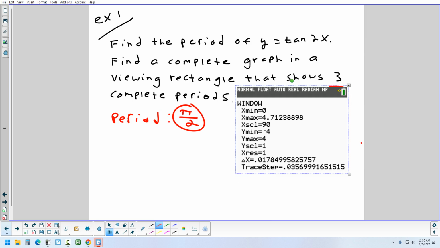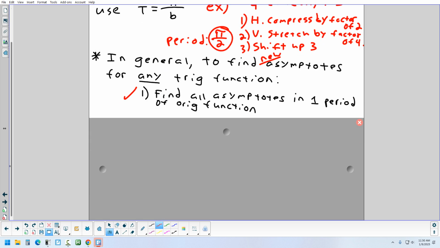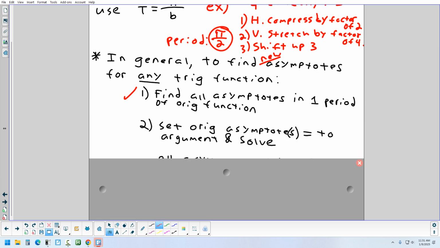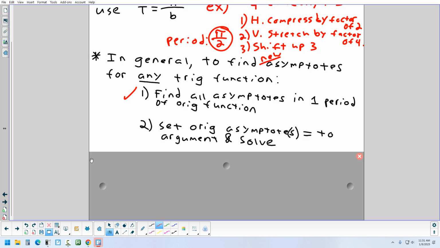So that's step one. Step 2. Set the original argument, and again, that's what you're going to get from the table. Set that original asymptote equal to the argument and solve. And remember, in a trig function, where is the argument? It's what's inside the parentheses.